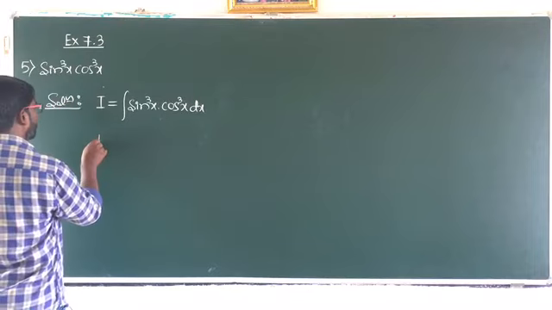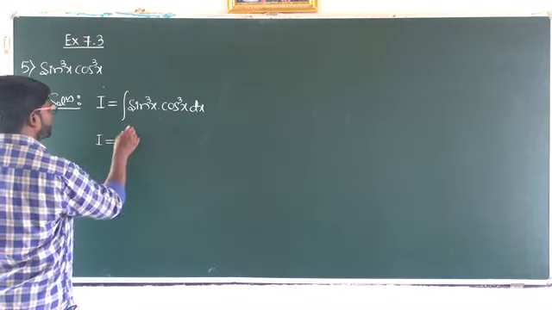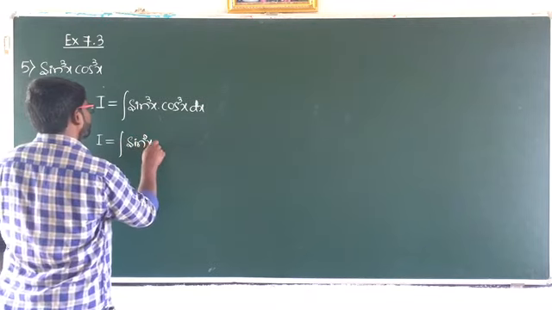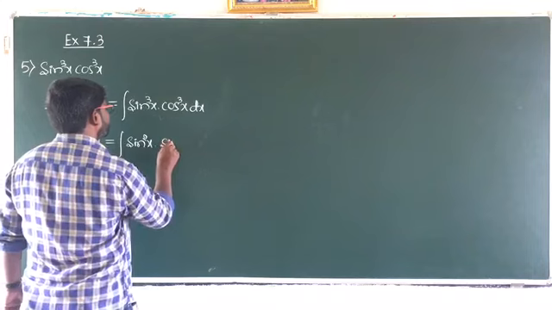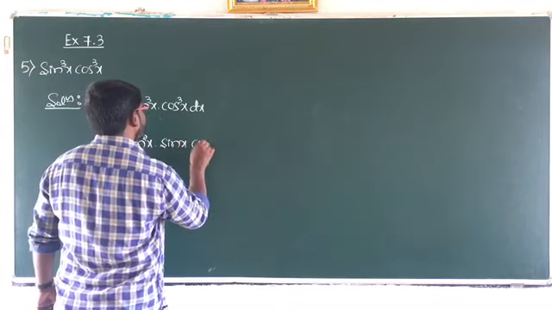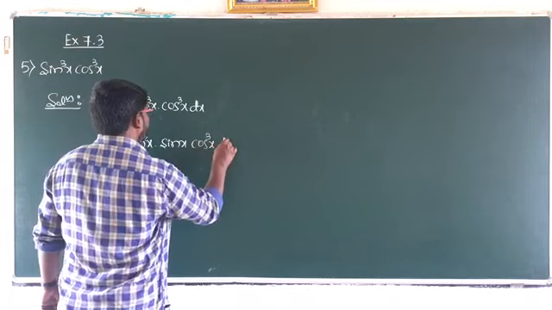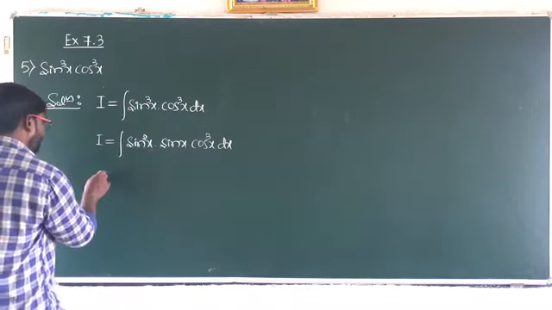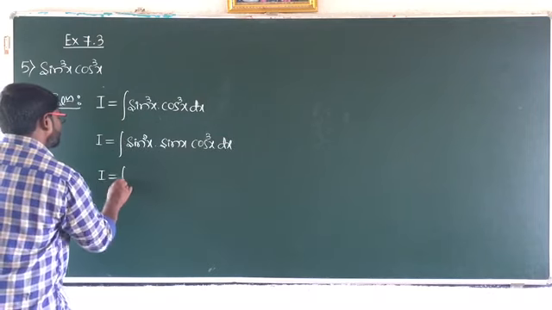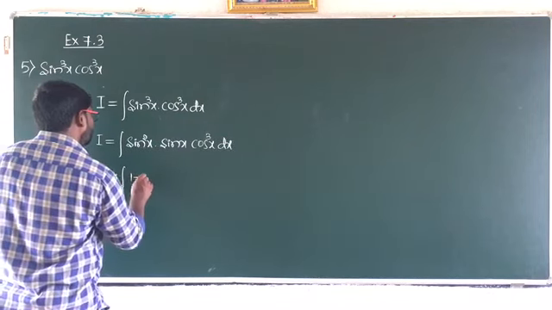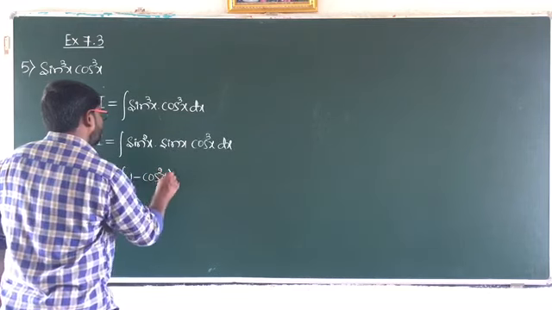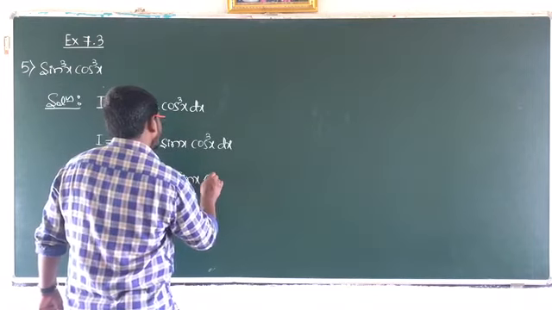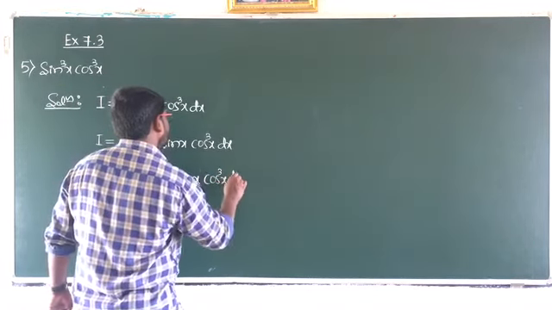So now I is equal to integral sin cube x can be written as sin square x into sin x into cos cube x as it is dx. So now sin square x can be written as 1 minus cos square x. I is equal to integral 1 minus cos square x into sin x into cos cube x dx.